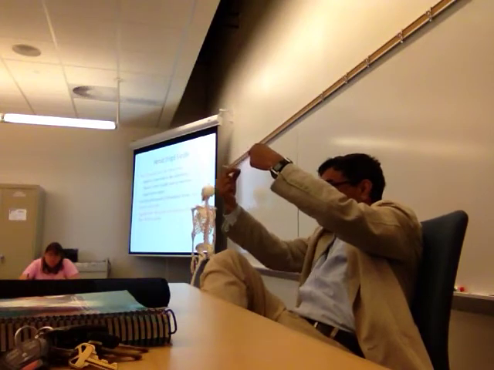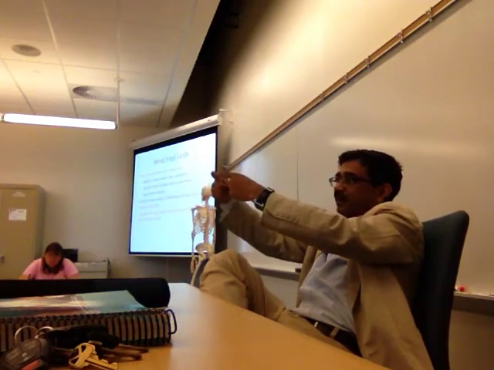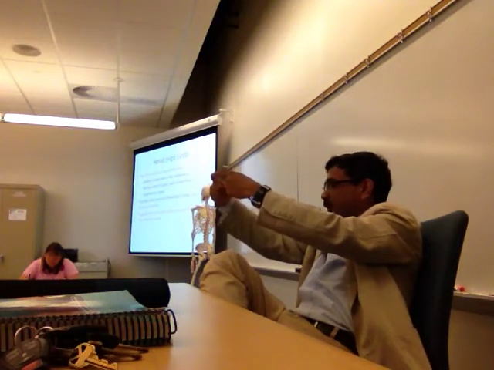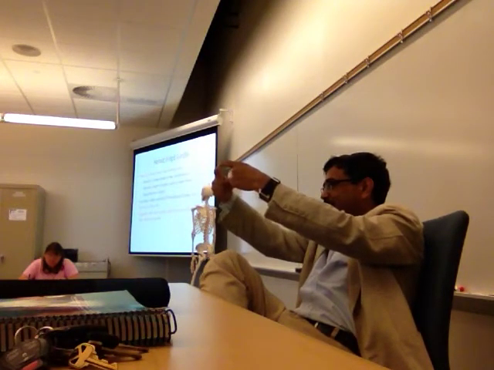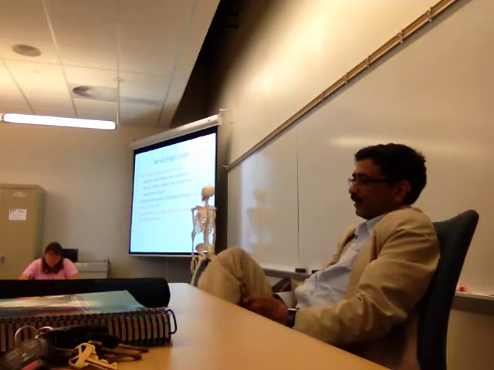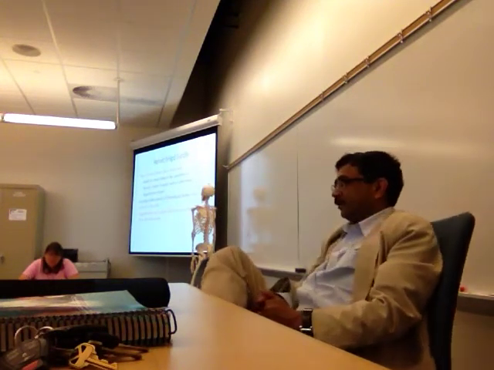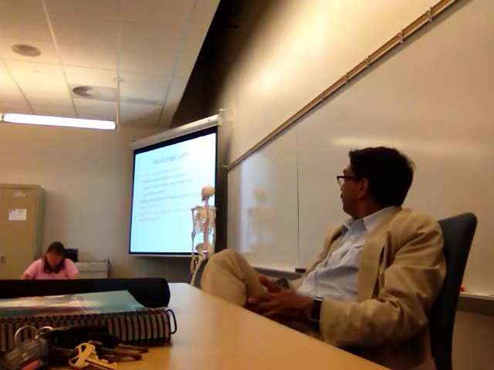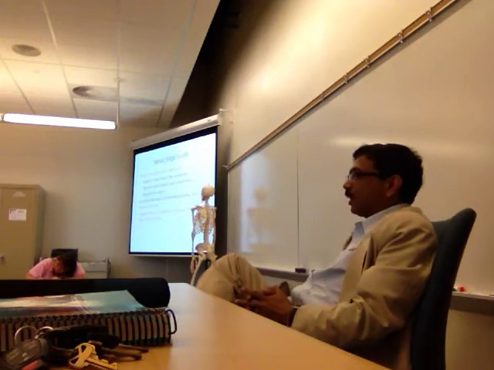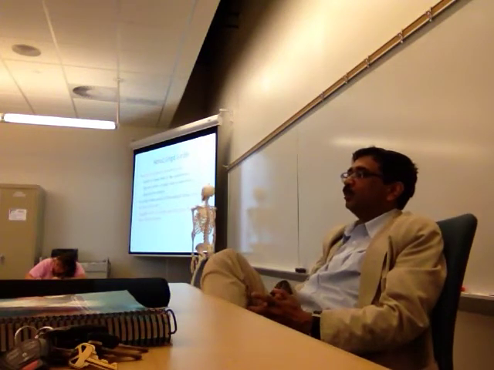You remember that piece of fibrocartilage that connects the 2 hip bones. That's the only articulation or joint between the 2 hip bones, the symphysis pubis. And the pelvic girdle consists of 2 hip bones.